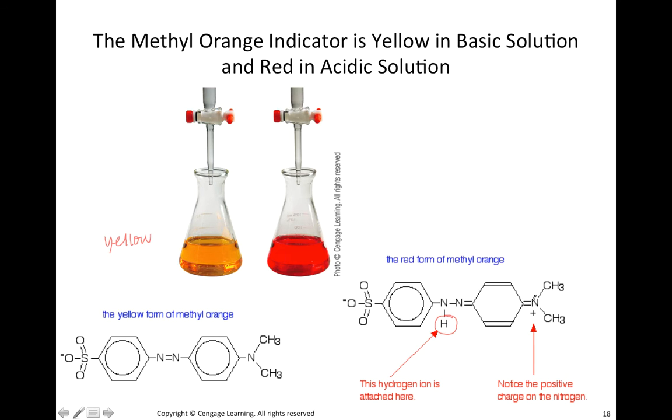The mechanics of why the positive charge happens specifically right here, not important. What is important is that you see that it gains a proton. So this is a base and this is an acid. And they're two different colors. And that's what's amazing about indicator dyes. The color change can tell us approximately where the equivalence point is.